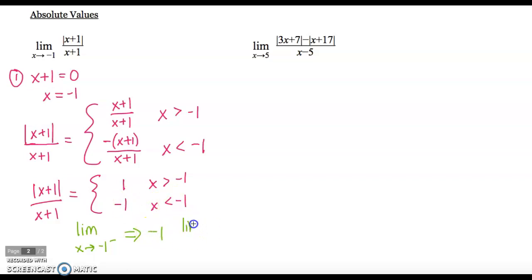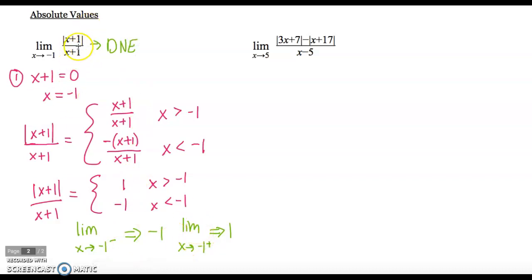And if we looked at the limit as x approaches -1 from the right-hand side, we'd end up going to +1 based off of this piecewise that we created. So this limit actually does not exist, because your left-hand limit and your right-hand limit are different.